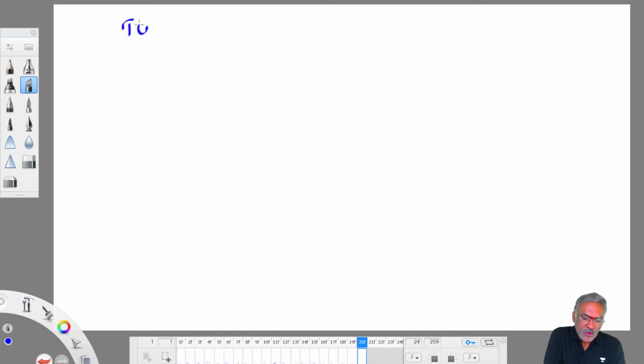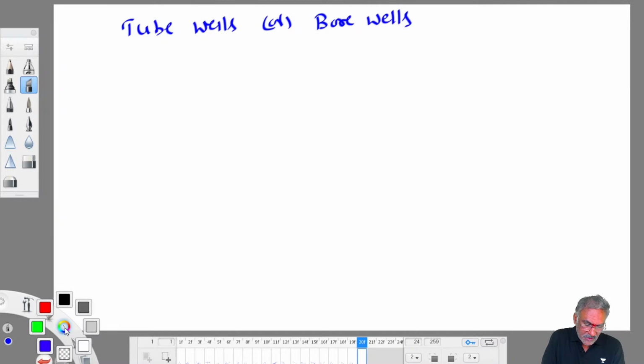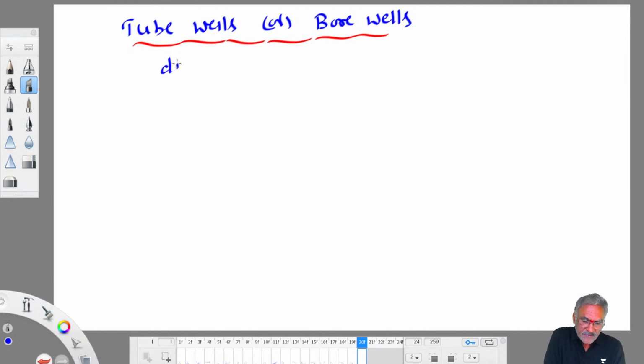Next, coming to tube wells or bore wells. Normally the diameter of a tube well is 15 to 30 centimeters, very small in diameter. We have a drilling technology with us.